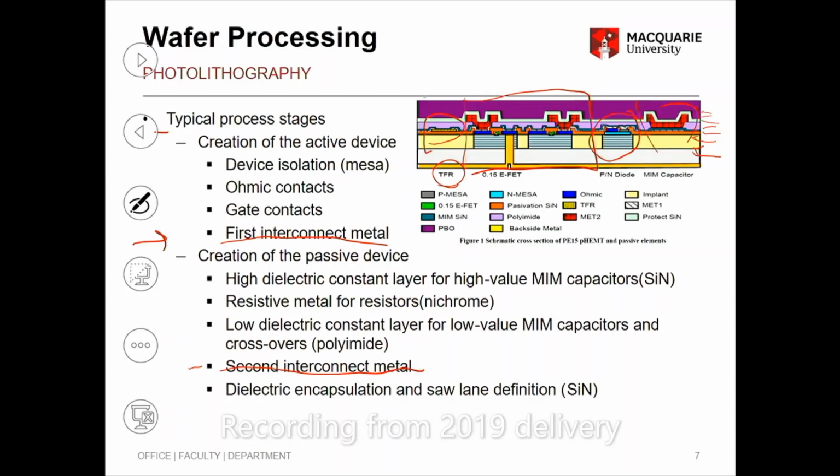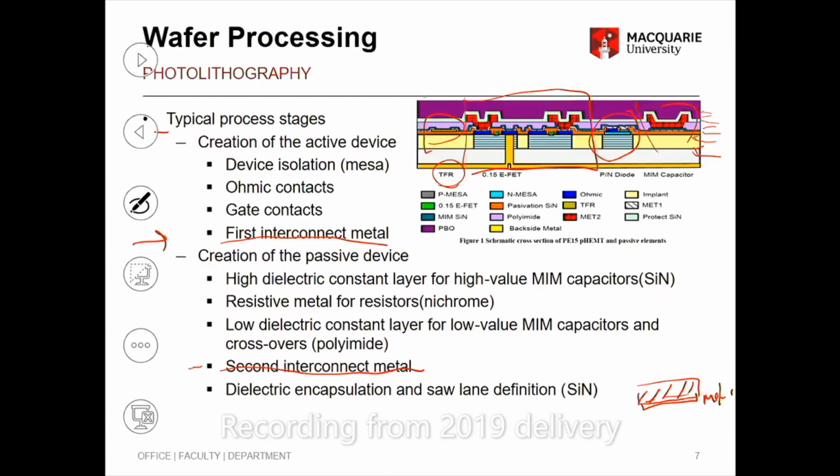When you make the capacitor, you will have your metal 1 on top of all other layers. You only need to worry about your main layers. Then you need to have a spacing, so you fill that up with a dielectric. That dielectric can be a high dielectric such as silicon nitride, because if you want to make a big capacitance, you need a high dielectric constant.